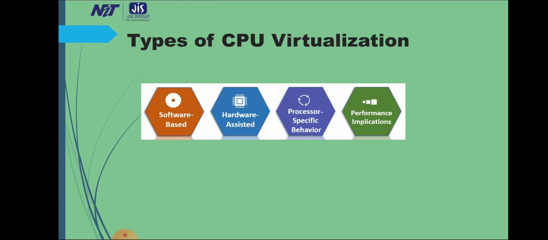A CPU architecture is virtualizable if it supports the ability to run the virtual machine's privileged and unprivileged instructions in the CPU's user mode, while the VMM runs in supervisor mode.